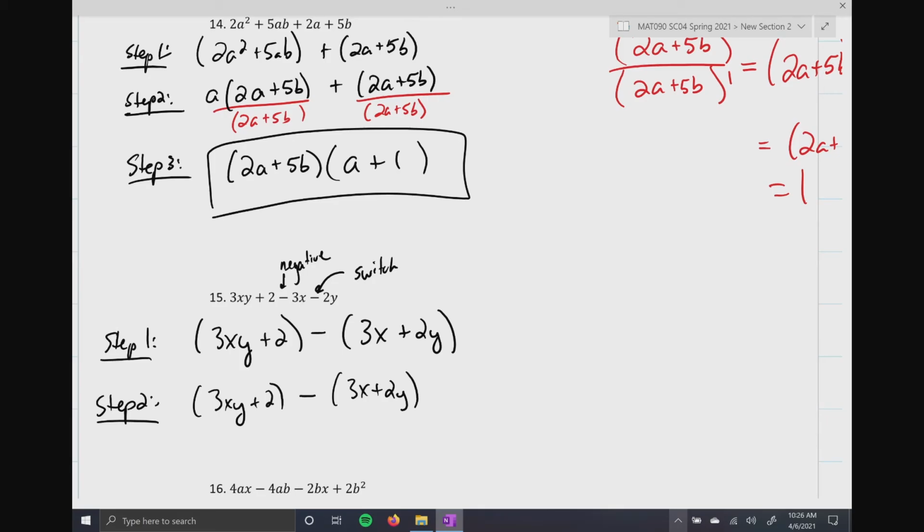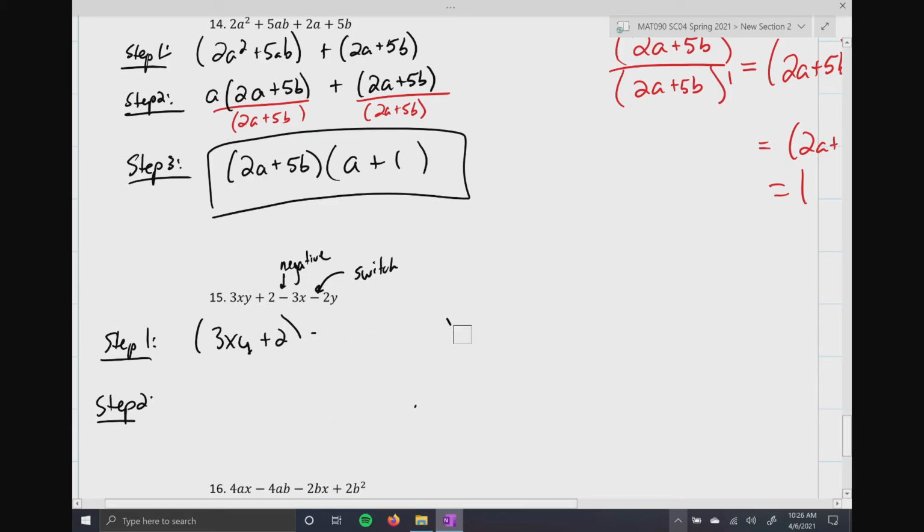Now, how did I know that? Well, we saw that negative sign in the middle. We switched the second sign. So I know my grouping, switching that sign, I know all that's correct. Here, I'm stuck. So I literally have to start all over again. It's just this time, I'm going to rewrite the problem. I'm going to mix up these terms a little bit, okay?